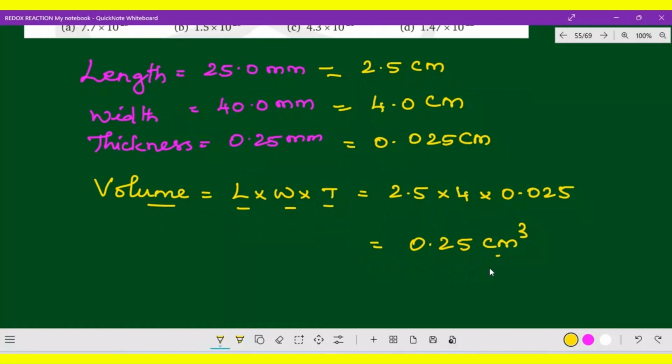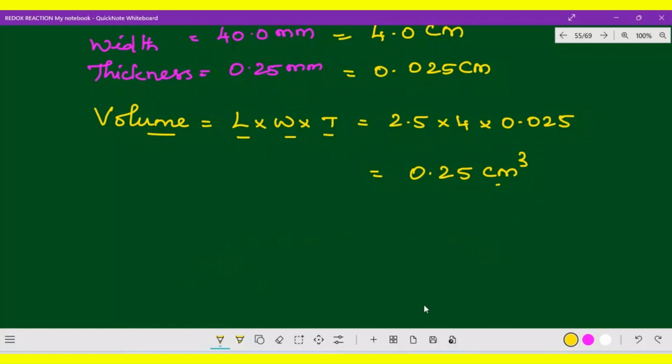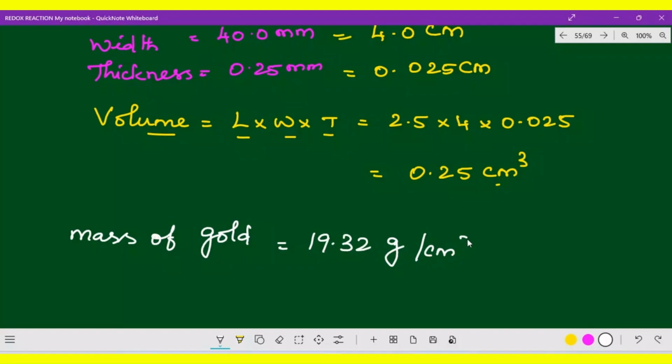Right, now next one, mass of gold. In the question, what they have given, mass of gold. Mass of gold is 19.32 gram per centimeter cube, right? But here the volume you have to calculate. The volume we got is 0.25 centimeter cube.